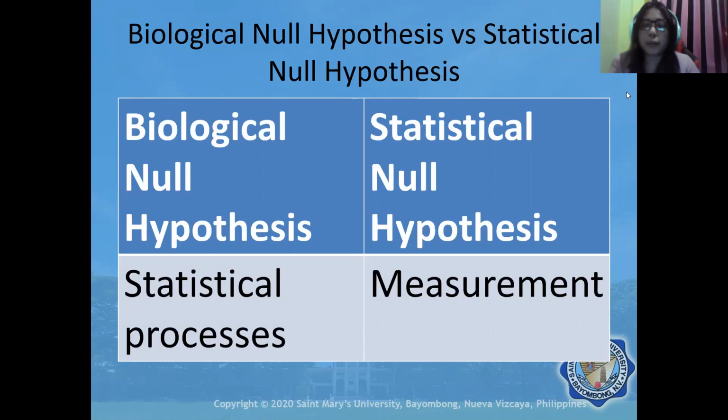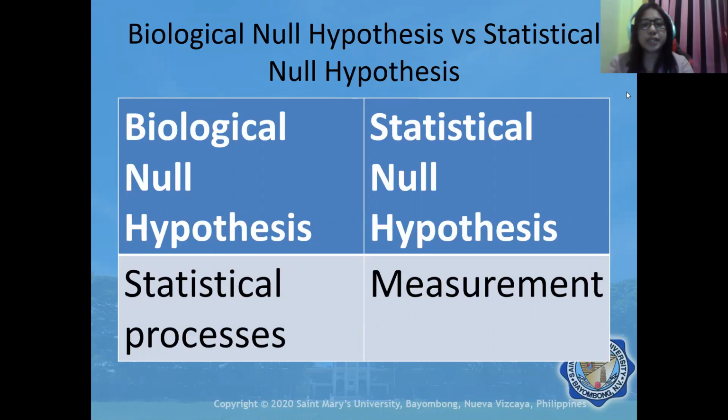In our basic concepts in statistics, we made mention that we have the second division of statistics, which is inferential statistics, and its foundation is probability. Because when we are conducting inferential statistics, what we want to know is whether we are going to accept our null hypothesis or reject our null hypothesis based on probability values.